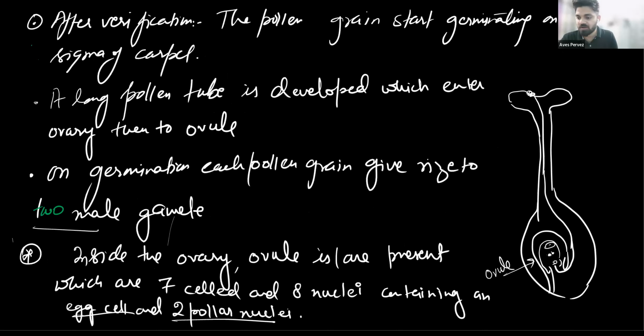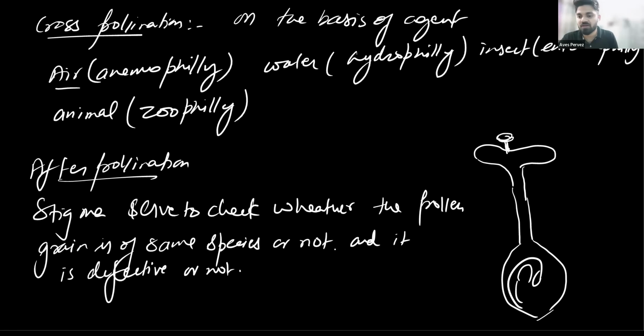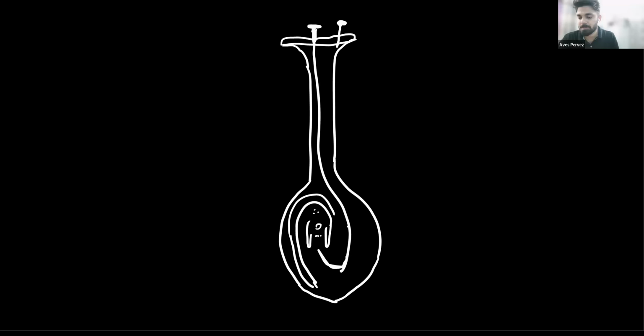Let me explain what is going to happen here. This is the pollen tube, and this is the whole ovary. Over it is the style, and over the style is the stigma. This pollen tube is germinating and coming into the ovary and enters this portion.